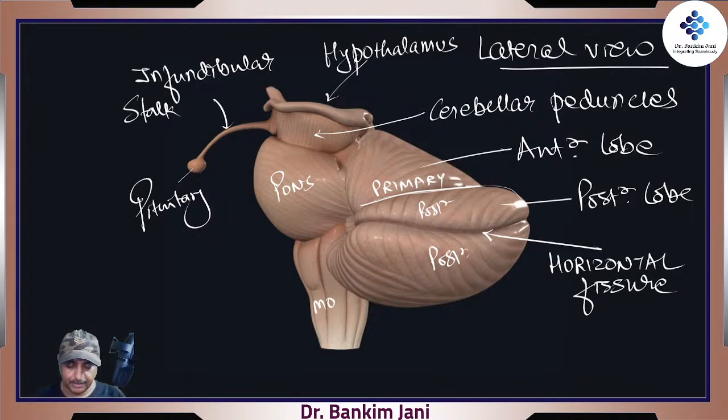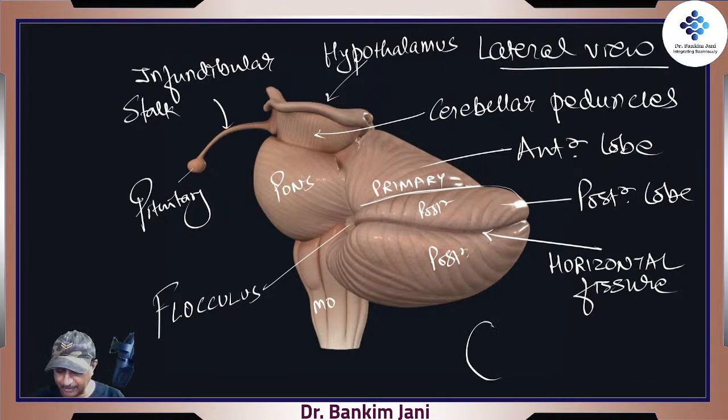Clear? This one is flocculus. You might ask, flocculus or flocculonodular lobe? Flocculus, because in cerebellum, these are the two hemispheres, and in between is what is called vermis.